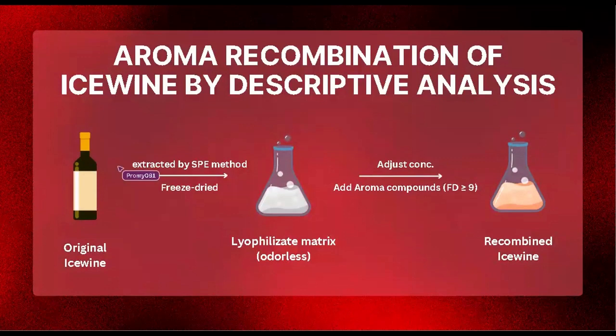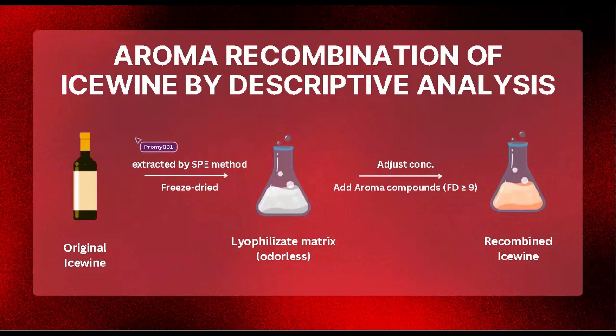This is the test that reaffirmed the data obtained from the experiment. The recombination test was about recombining molecular components at the amount based on the experimental data to be compared with the original sample. Following the illustration shown on screen, the sample was made odorless.